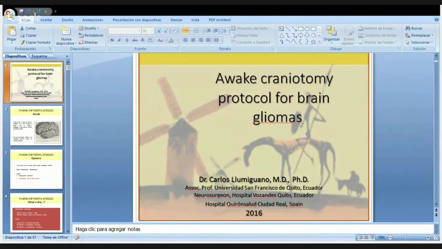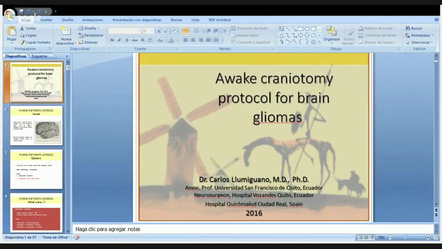Sometimes when we have brain lesions such as a tumor, it can be a glioma or some other kind of lesion, and we ask what will happen with the patients, what will be the good performance for the patient, and what is the correct management of these kinds of lesions, of these pathologies in the patient.